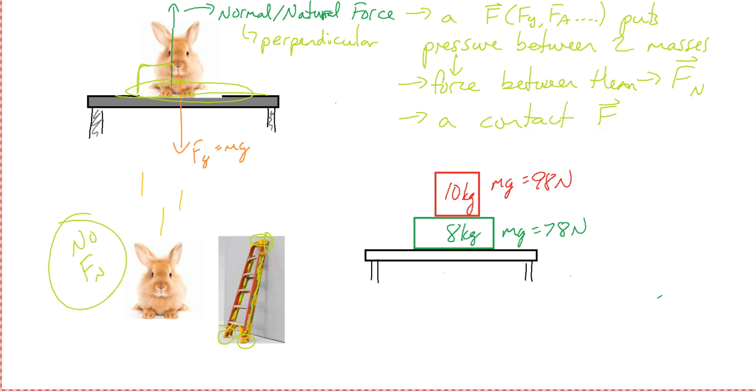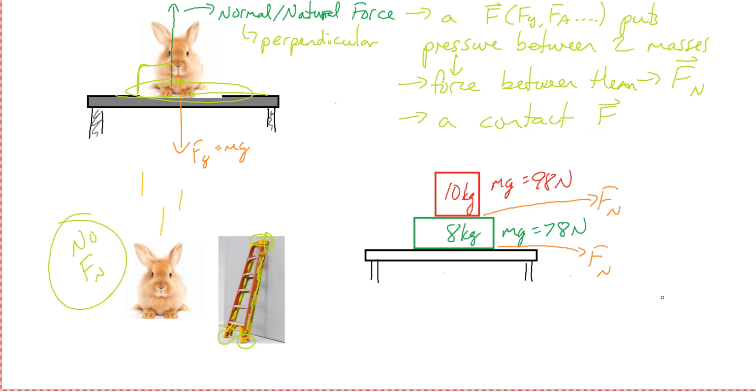Okay, so there's a couple places where we can find the Fn. Wherever there's contact between surfaces, that's where Fn exists. So there's no Fn on top of the red box, but there's an Fn between the red and green boxes, and there's an Fn between the green box and the table. If we look at what causes them, they're all caused by the force of gravity pulling down on the two boxes.